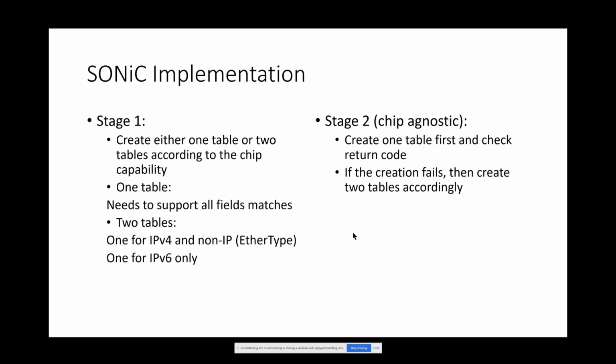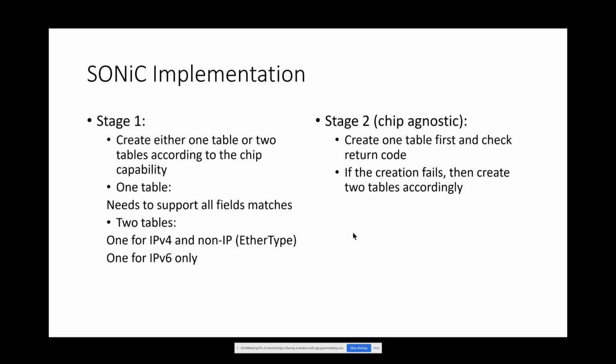Can I ask a question here? Yeah, sure. If you can create two tables, why would creating one table fail? Creating one table won't fail by itself, but the table contains more fields. It might fail, because the key will be longer.